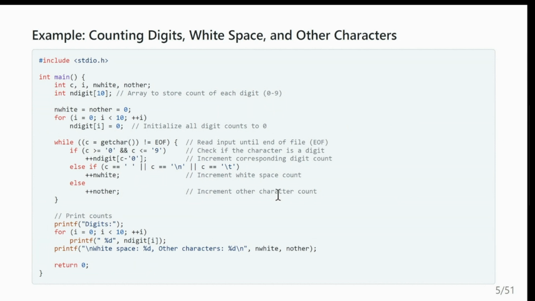Each element in this array will store how frequently you see the number 0, number 1, number 2, and so forth. That's the whole idea. So in this example, we use this array we just looked at earlier. Each number inside will be used to count the corresponding digit.